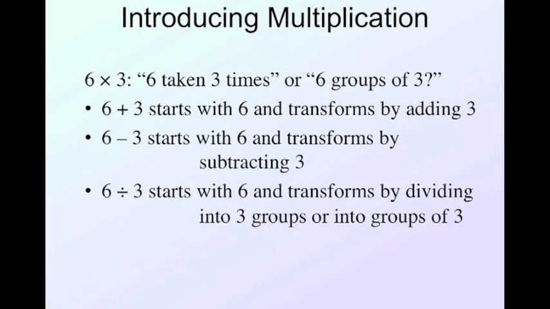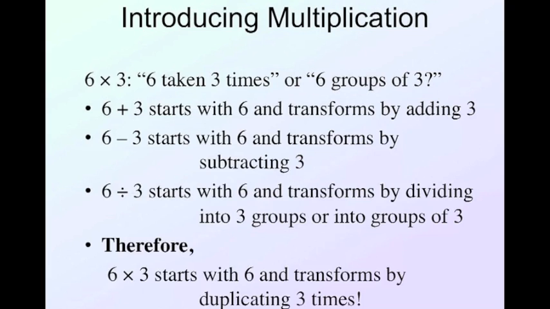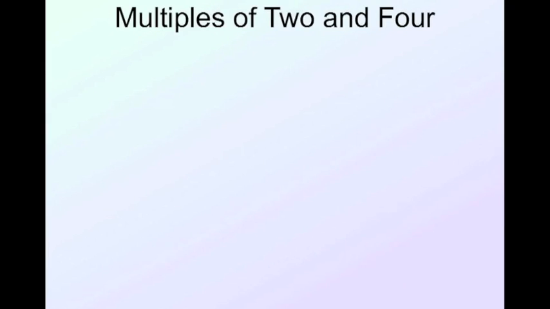And this is what she came up with: 6 plus 3 starts with 6 and we transform it by adding 3. 6 minus 3 is we start with 6 and we transform it by subtracting 3. 6 divided by 3 starts with 6 and we transform it by dividing it into 3 groups or into groups of 3. So therefore, wouldn't it make sense that 6 times 3 starts with 6 and we transform it by duplicating it 3 times? So 6 times 3 is 6 taken 3 times.